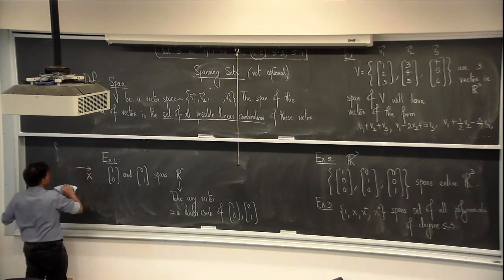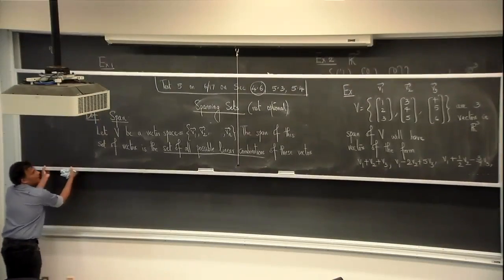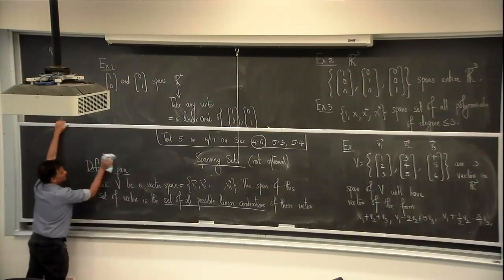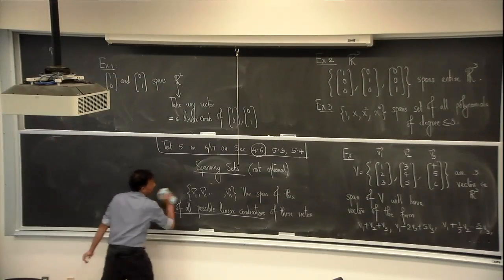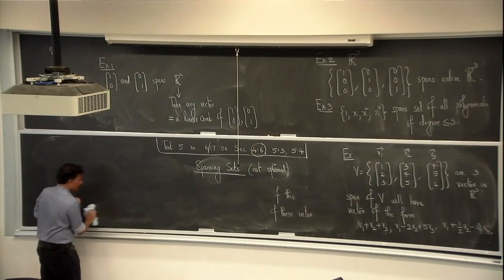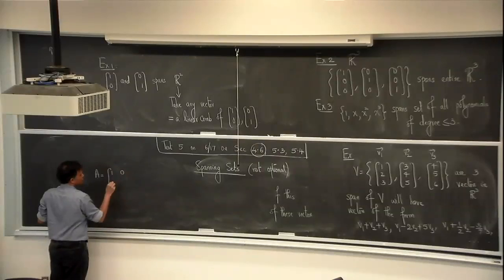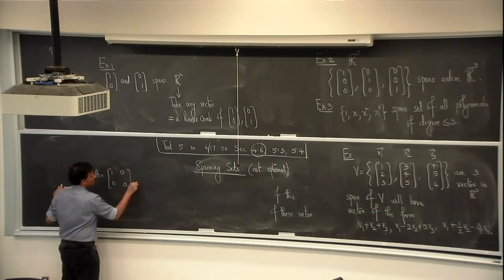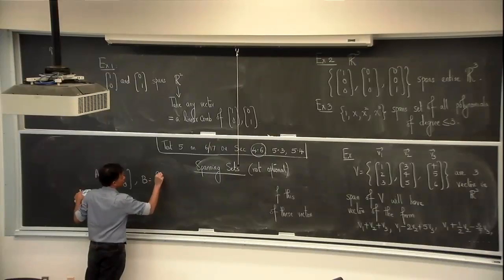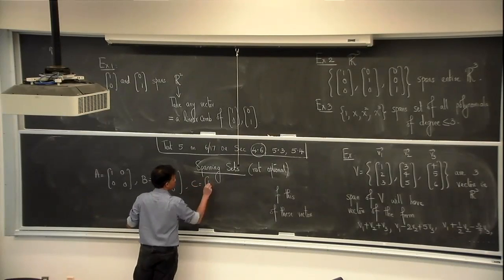Let me see if you understood this concept. I'm going to give you 3 matrices like this: A equal to 1, 0, 0, 0, B equal to 0, 1, 0, 0, and C equal to 0, 0, 0, 1.